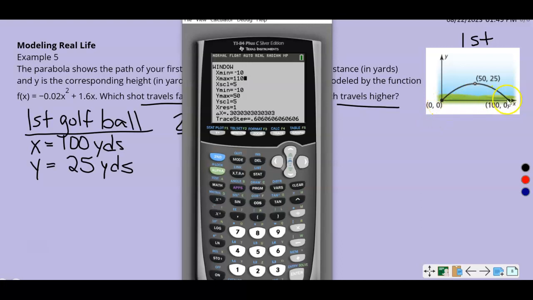We can see that it's going to be very similar to this. Our y maximum, the height, is 25. So 50 is probably good. Let's drop it down just a little bit. We'll go 40. We know 40 is well above this, and this one may be a little higher than that one. So let's see what happens.